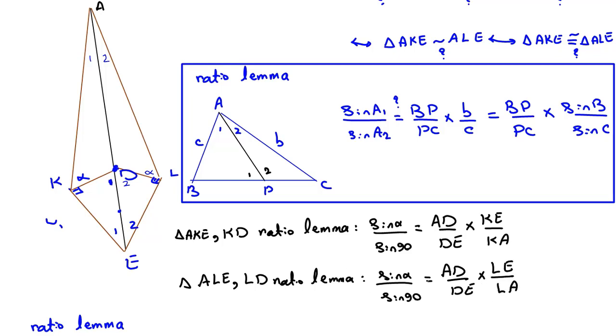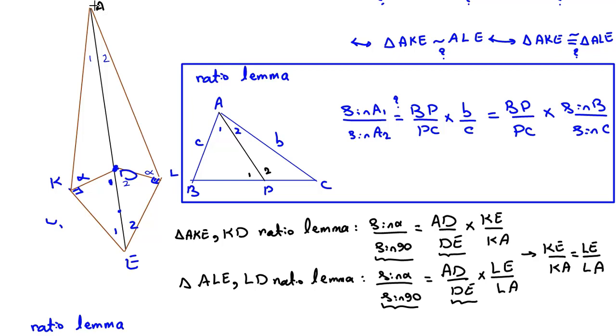Okay? Now, if you compare these two things, left-hand side equal to left-hand side, so right-hand side equal to right-hand side. Also on the right-hand side, AD over DE is common, so the second fractions are equal. So KE over KA equal to LE over LA.